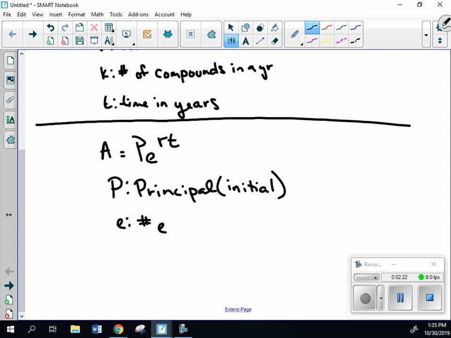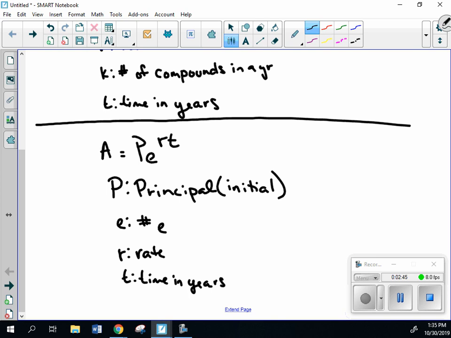Okay, so don't think of that as a variable. E is the number e, as in 2.718. R is still your rate, and T is still your time in years. Okay, so those are the two different compound interest formulas that we'll be looking at, and it's just based on the time frame.